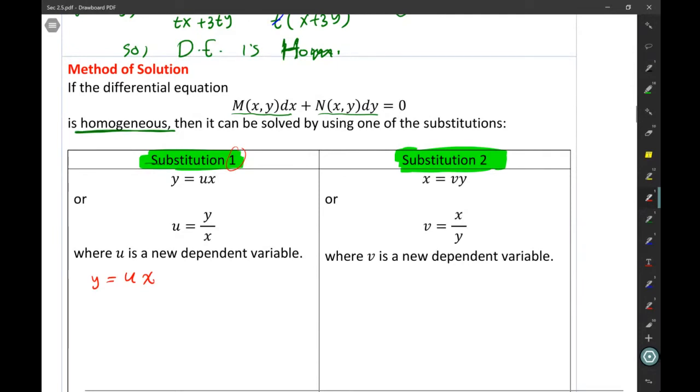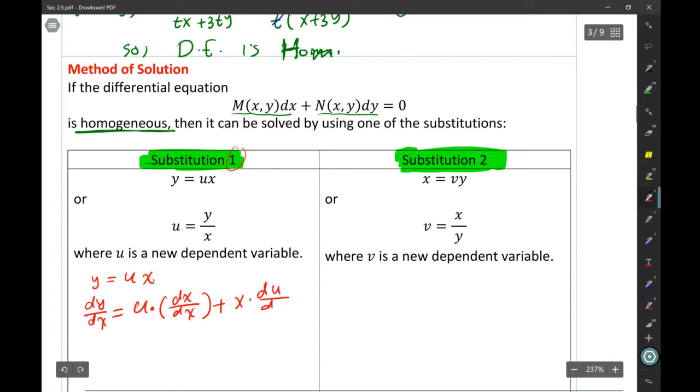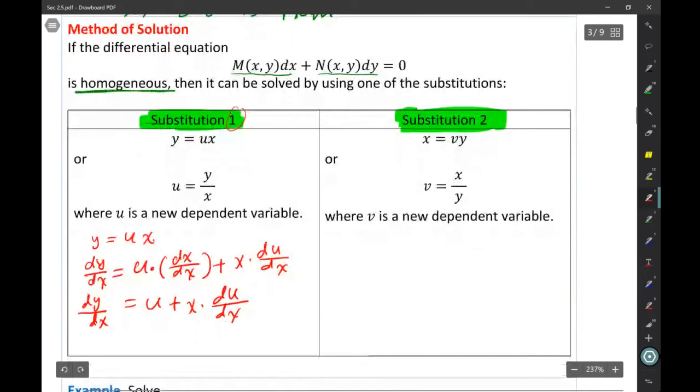So differentiate both sides implicitly. dy/dx is equal to the first term times the derivative of the second, which is u times dx/dx, plus the second times the derivative of the first, x times du/dx, which is equal to u plus x du/dx. This is dy/dx.